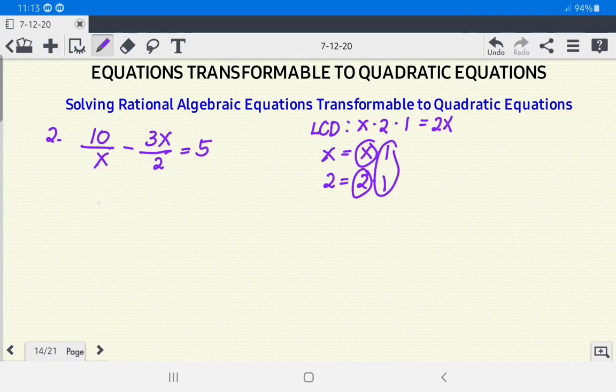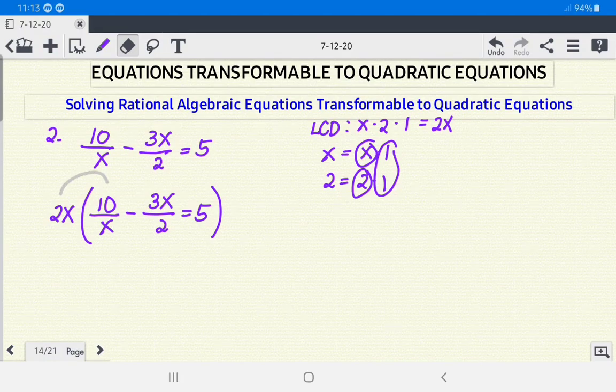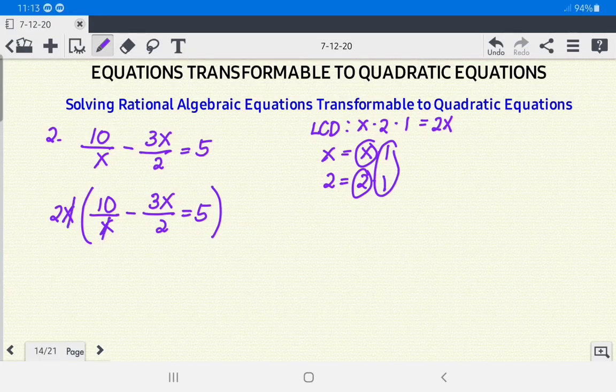Then, going back to this example, we have 10 over x minus 3x over 2 equals 5. Multiply by 2x, or 2 times x. Next, multiply 2x times 10 over x. Here, again, we can cancel the x variable. Then we have 2 times 10 only. I'm going to make a step-by-step process.